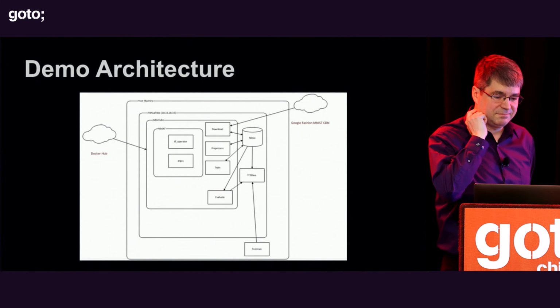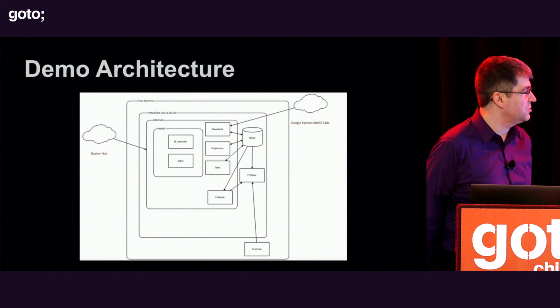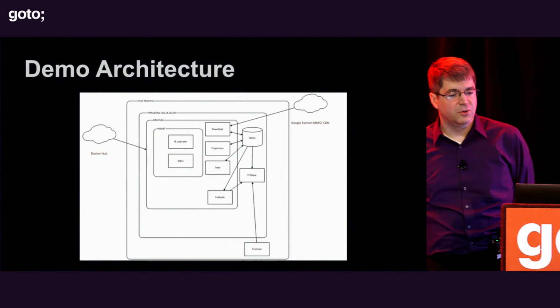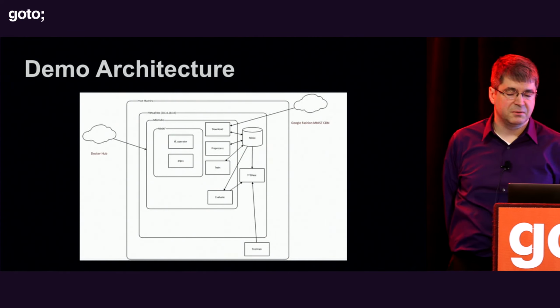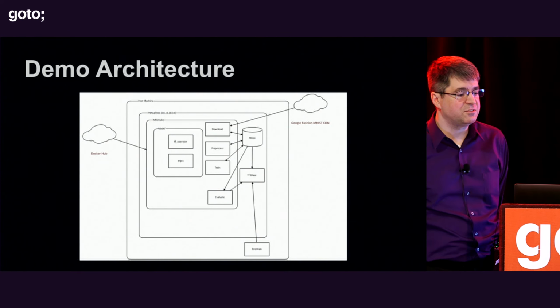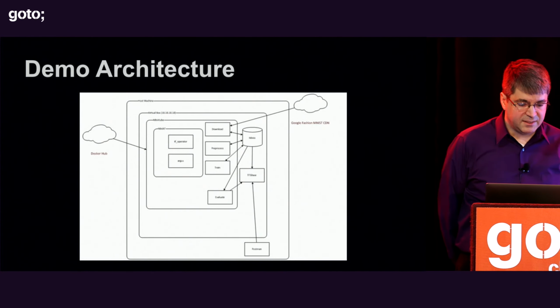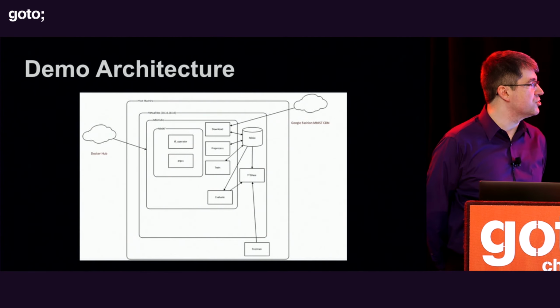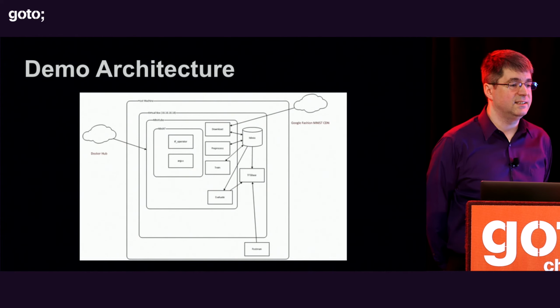Now, the demo architecture. That is quite small, so I'll just try to describe it. The outer box is my laptop, so that's physical hardware. Inside that we have VirtualBox running, and its virtual IP is 10.10.10.10.